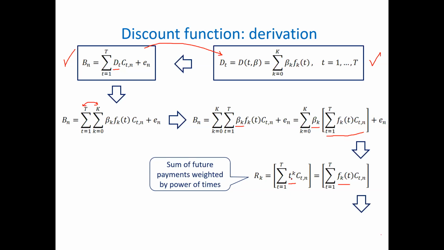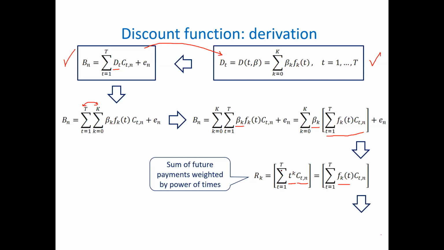But if you want to interpret it in whatever way, then probably we can say that this is again a weighted sum. Because we sum up, and this is a weighted sum, so this is CTN. As you remember, these are all payments, coupon payments and the face value repayments from our coupon bonds N. So these are all coupon payments and face value repayments, and this is what we weight.